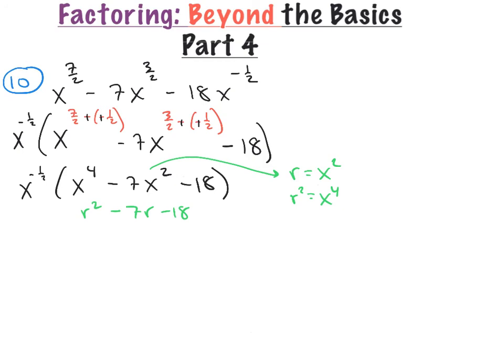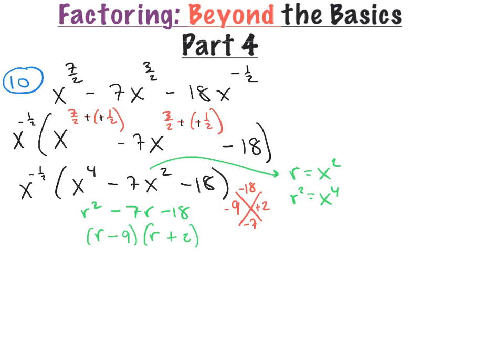Everything I'm writing in green, you don't have to show if you want to skip these steps. But this factors: two numbers that multiply to be negative 18 and add to be negative 7 are 9 and 2. The 9 should be negative and the 2 should be positive. Okay, so we have r minus 9, r plus 2.